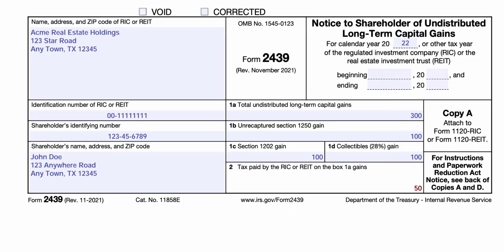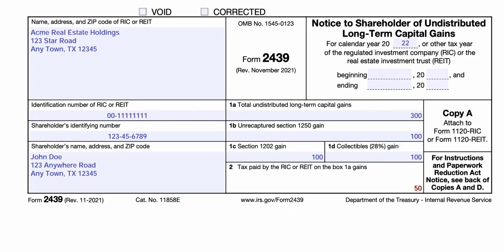Those are known as registered investment companies, or if you own real estate investment trusts, known as REITs. So in this video, we'll go over what the registered investment company or the REIT is supposed to report to you, and then we're going to go over taxpayer responsibilities on how you further report this to the Internal Revenue Service.